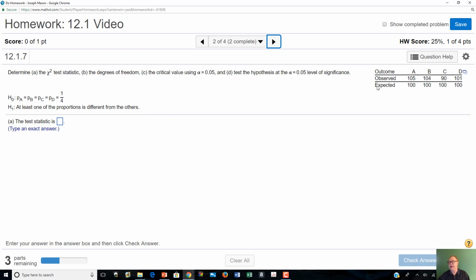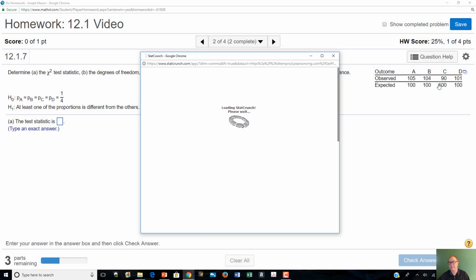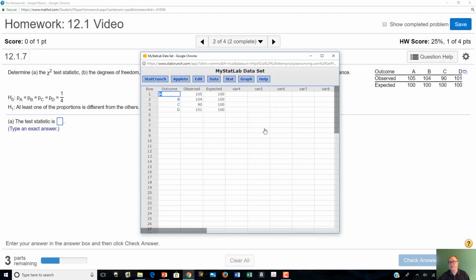Now, we have the set of data over here. This time we have the observed, we have the expected, so we don't have to calculate the expected. We can use StatCrunch now to find all this other information. So what we would do first, click on the icon, open in StatCrunch. Now, once we're in StatCrunch, you have the outcome, you have the observed, you have the expected.